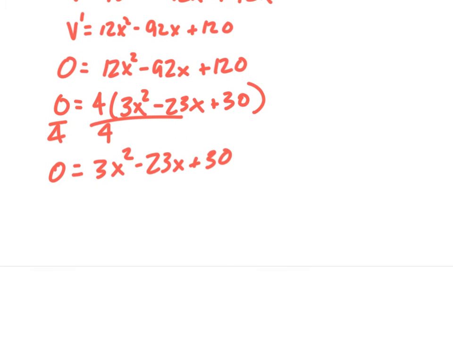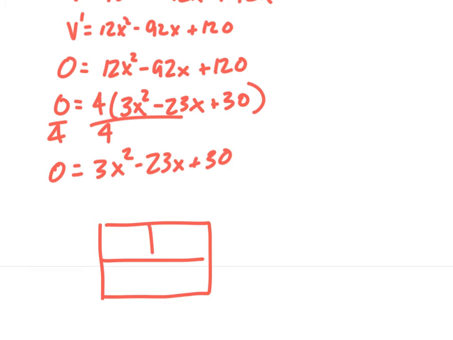Let's draw a box like this, this, and this. I'm going to put 3x squared here. I'm going to put 30 here. I'm going to have a 3x and an x. And I'm just going to test some values here. If I do x, say we do minus 6 and say minus 5.